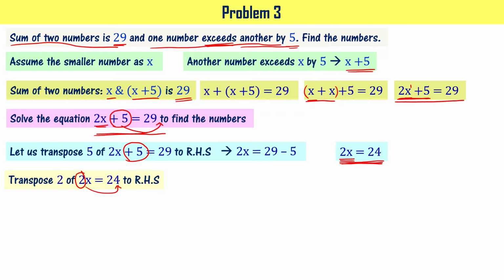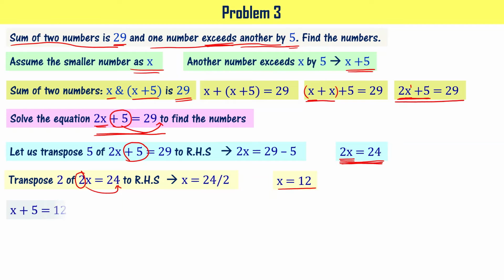When you do that, that 2 is going to divide the number 24, right? So I can write the equation as x equal to 24 by 2. It is 12, right? x equal to 12 is the solution we are looking for. The smaller number, we said that is x. We got it. The value of x is 12.